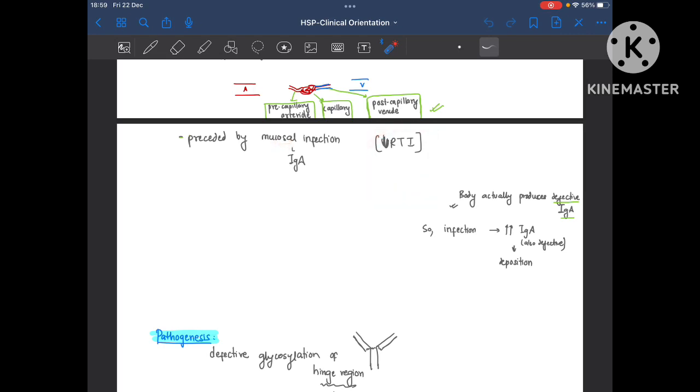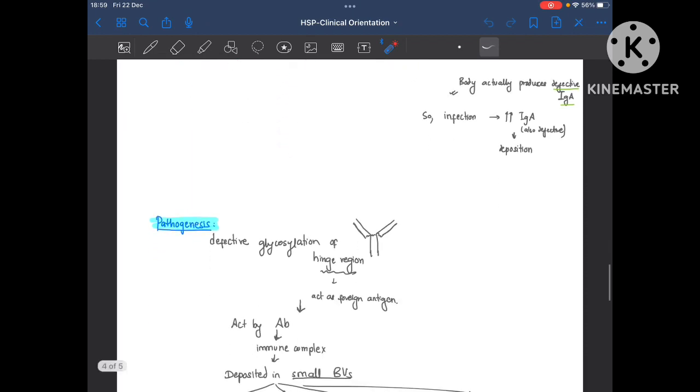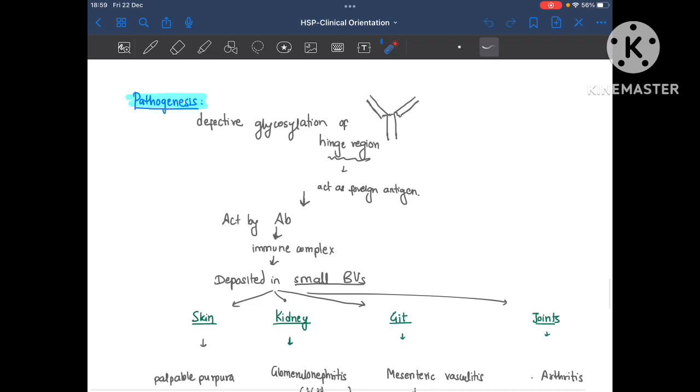So it may be preceded by a mucosal infection. Mucosal infection produces IgA, but not everyone with a mucosal infection presents with Henoch purpura. There should always be a pathogenesis process going on within the person to produce the disease, right?